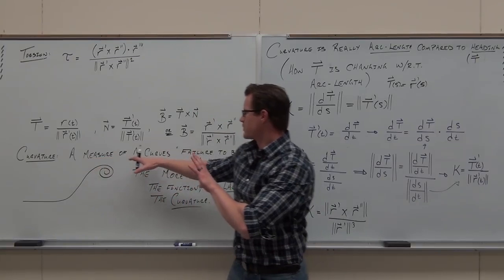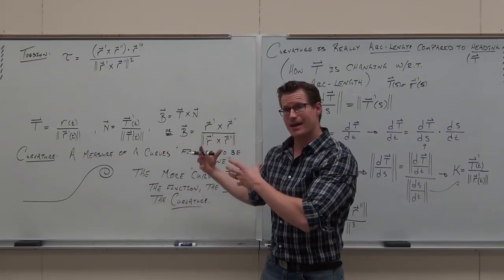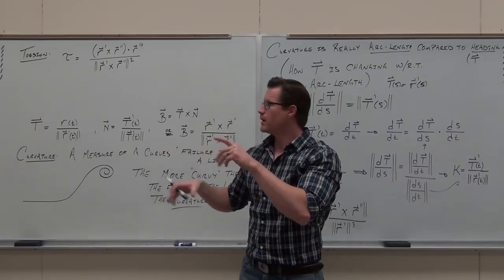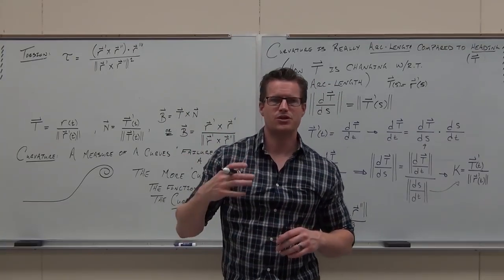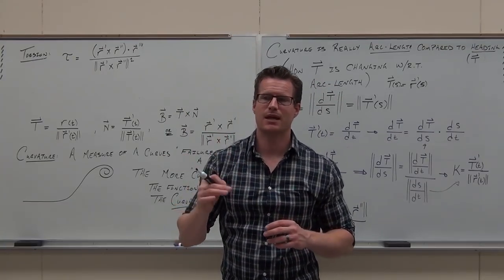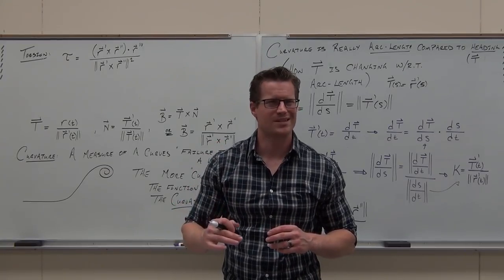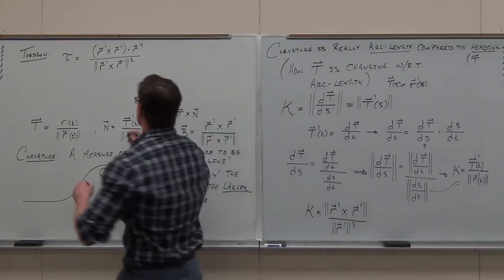Curvature is a measure of a curve's failure to be a line, failure to be straight. Torsion is a measure of a curve's failure to be contained in a plane. What's that mean? Write that down. I'll explain in a second.